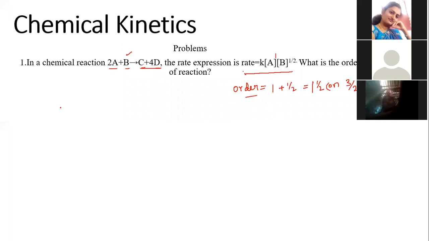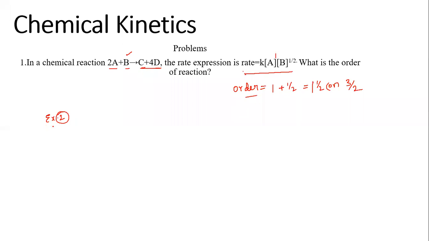Now I'll give you some examples. Take this as example 1. The rate of a reaction is equal to K into, say for example, [X] and [Y], and in the power it is 1 and 2. What is the order of this reaction?